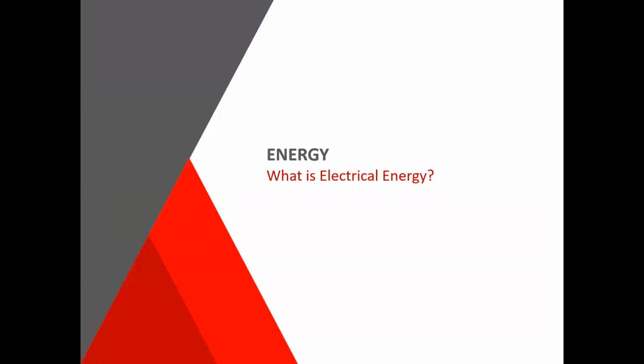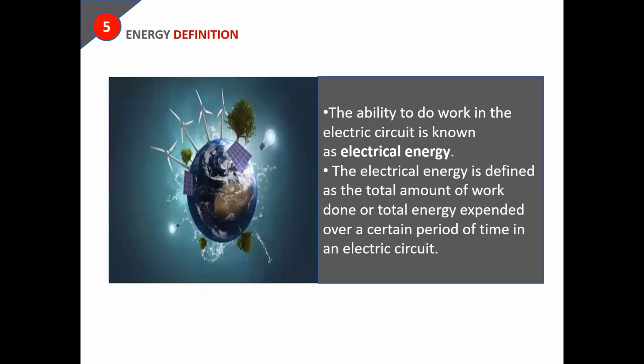And what is electrical energy? Electrical energy is nothing but the ability to do work in an electric circuit. The electrical energy is defined as the total amount of work done or total energy expended over a certain period of time in an electric circuit.